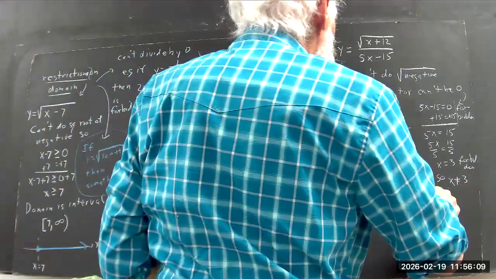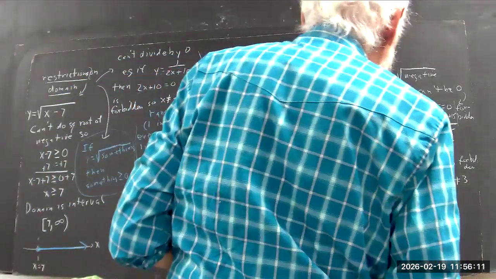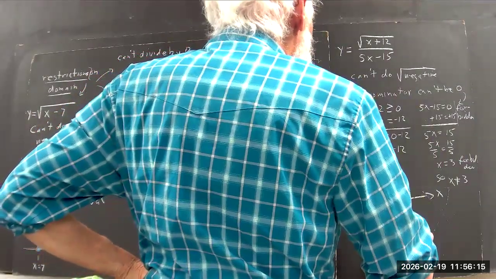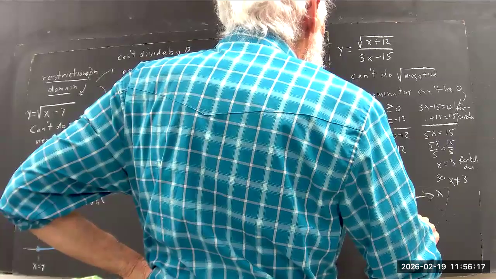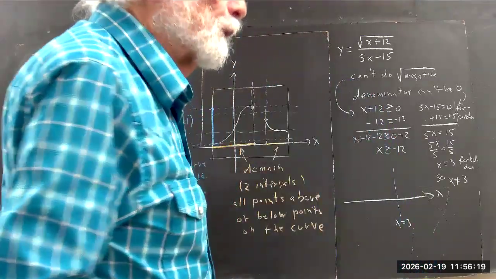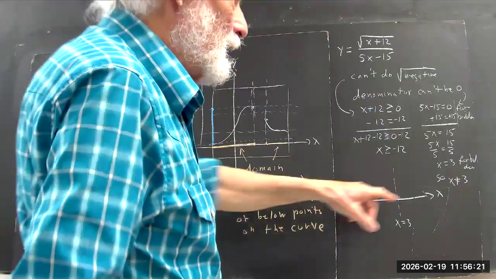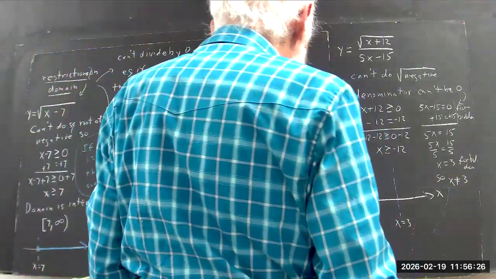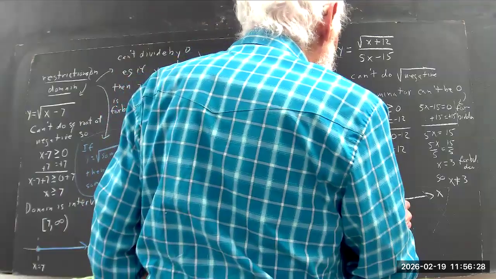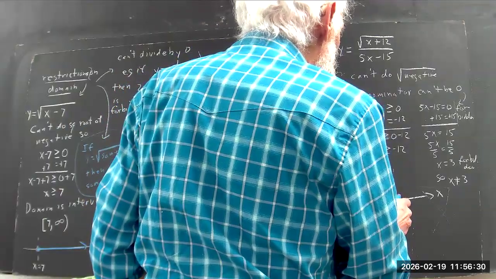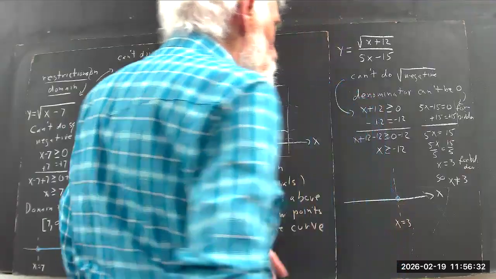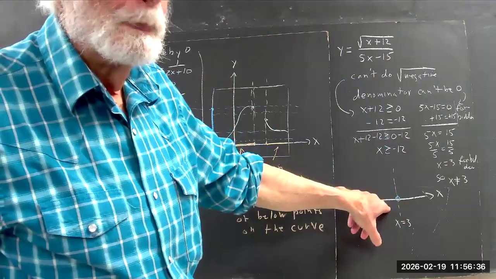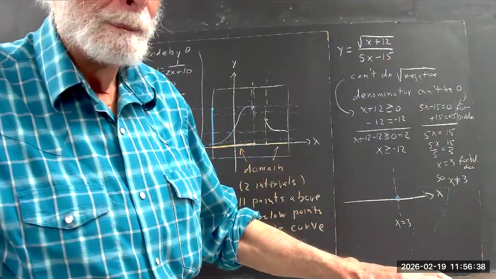If we sketch these restrictions on the x-axis, we've got x equals 3. And x can't be 3. So we put a circle around the point on the x-axis where x equals 3, and we don't fill in that circle. That means that point is not in the domain.